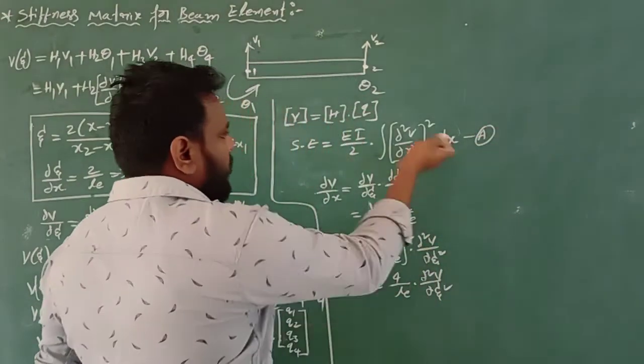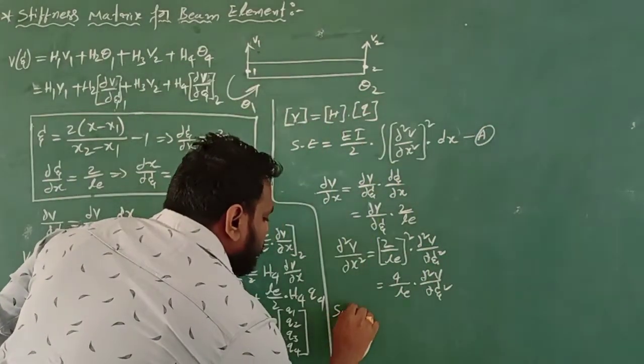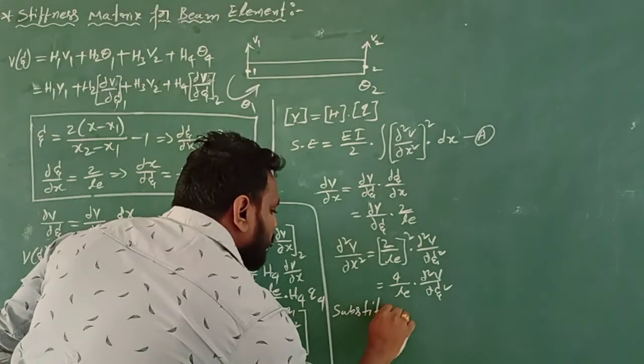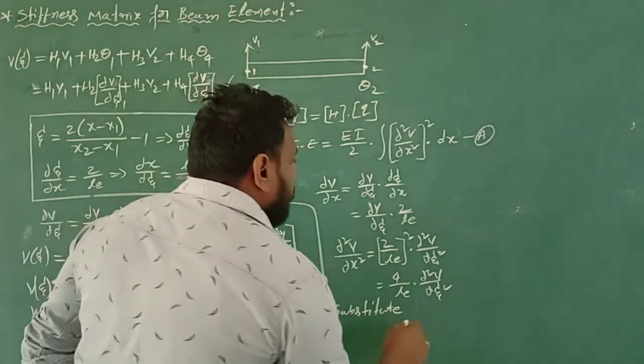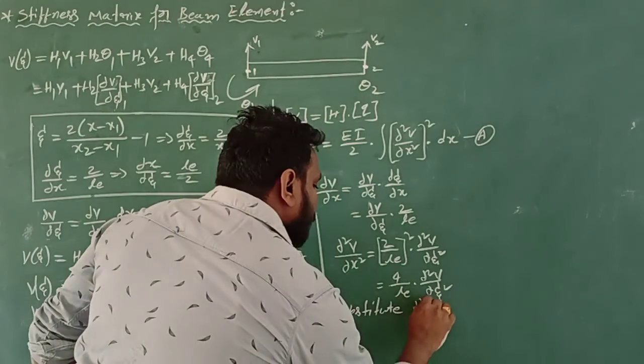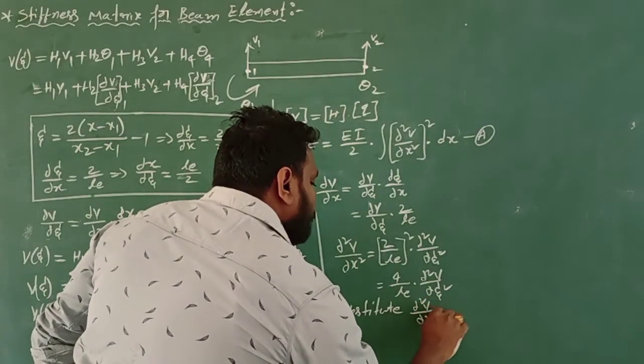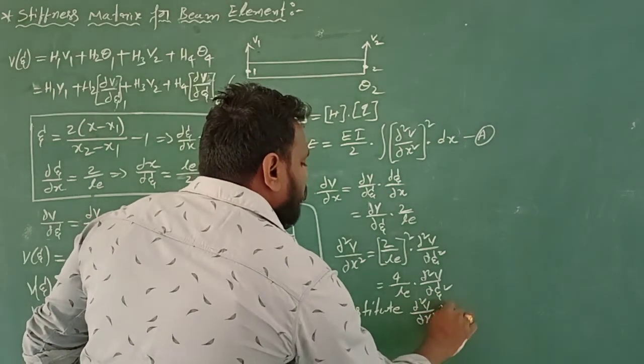So in equation A, substitute the dou square V by dou x square value.